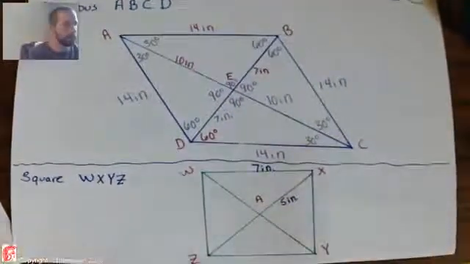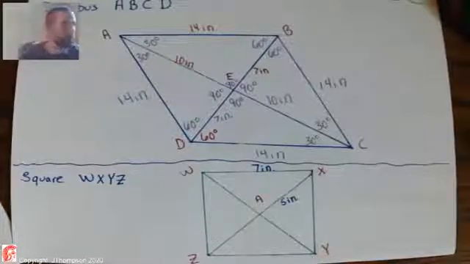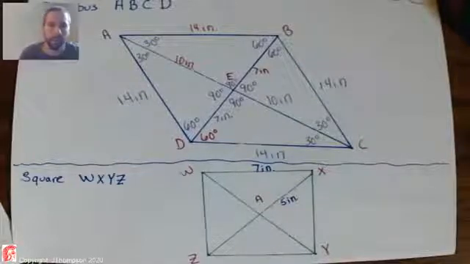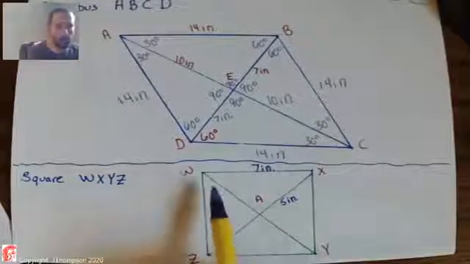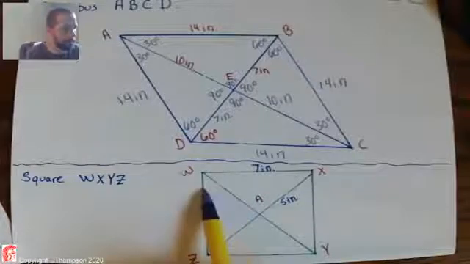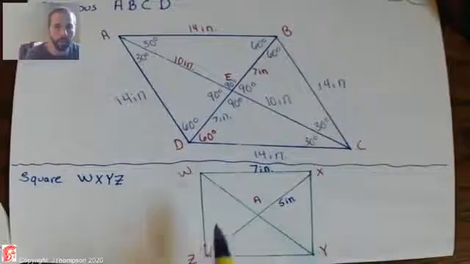All right, and now the square is the best because notice how they don't give you any angle measures, but technically, if we take all the properties we know and apply them, we're going to actually know every single angle measure in a square. So since a square is a rectangle, that means that each corner is 90. But since a square is also a rhombus, it means that the diagonals are bisecting the angles.